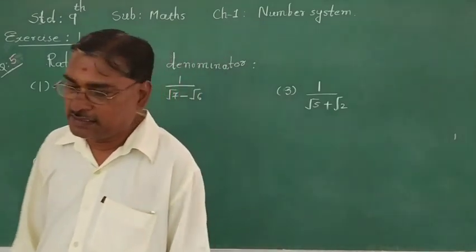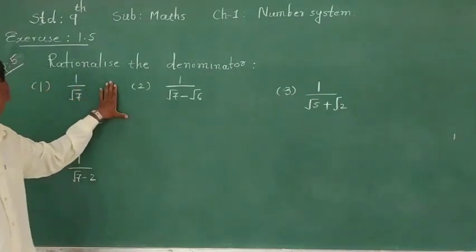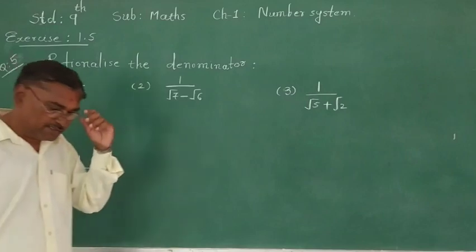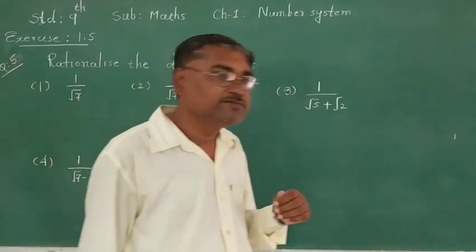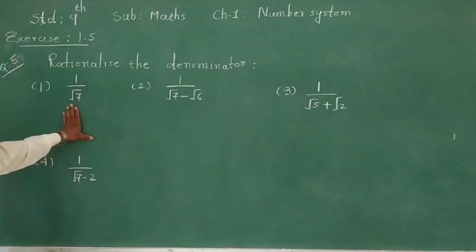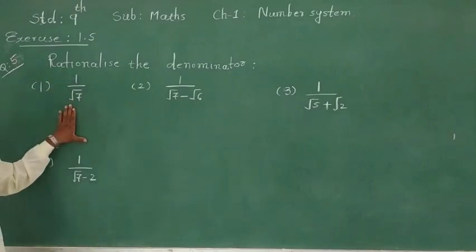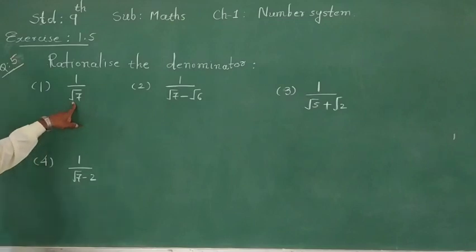Okay, now next question, students. Question 5. Rationalize the denominator. Rationalize the denominator means to remove the root sign. Here it is 1 upon root 7. We can see the denominator is root 7. Root 7 is irrational.